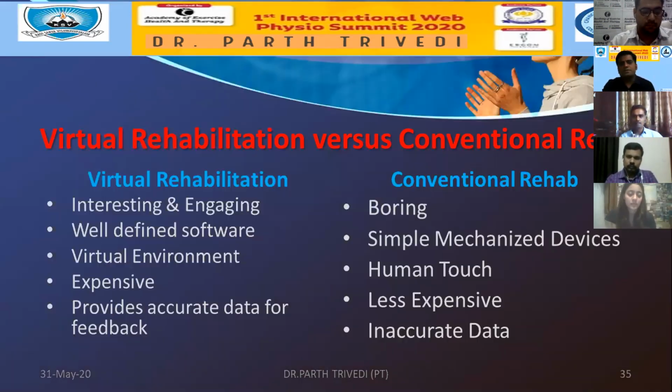So, concluding, virtual rehab versus conventional rehab: conventional is boring, with well-defined software and simple mechanized devices. In a virtual environment, there is a human touch. Virtual rehabilitation is a bit expensive compared to conventional rehabs, and it provides accurate data and feedback, whereas in conventional rehabs the data or feedback differs from provider to provider.